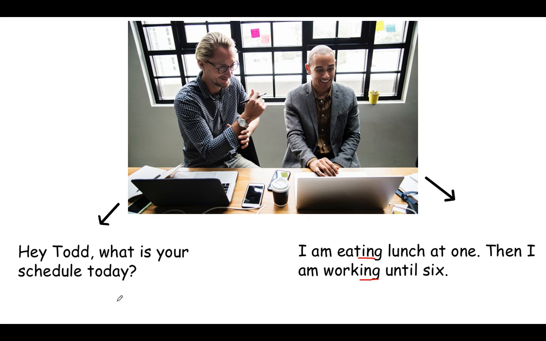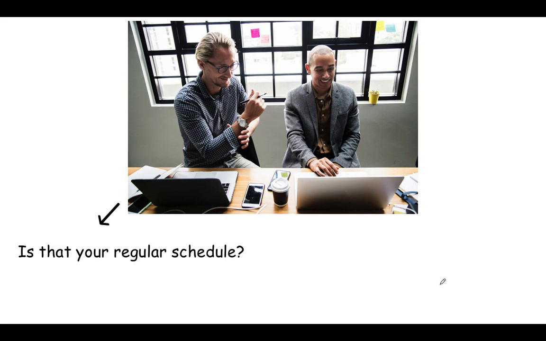They're not talking about all the time. They're talking about right now, in the moment. So that's why he says, I am eating lunch at 1. So something that he is planning on doing soon, something that will happen. Then I am working until 6. It's something that he is either doing right now, in the moment, or it's something that will happen very soon.